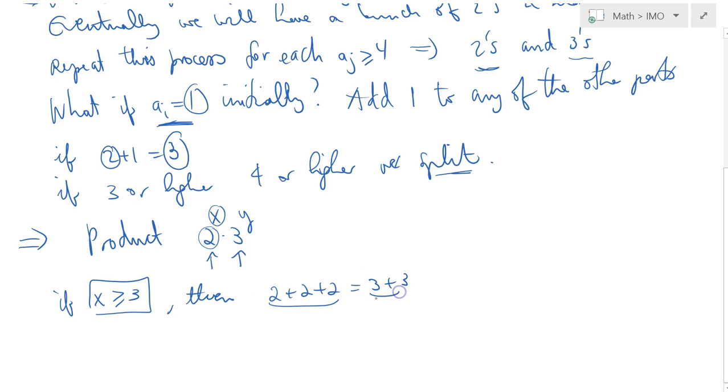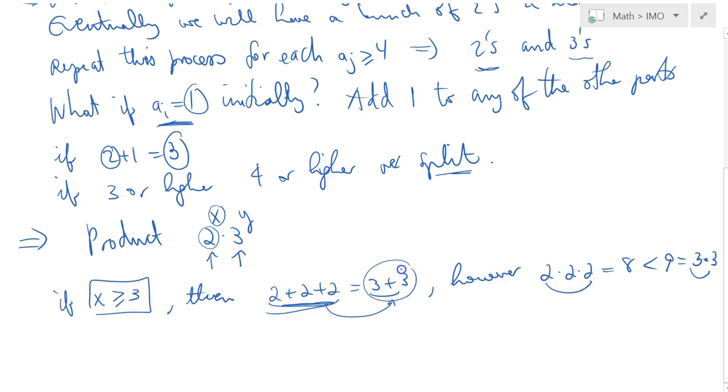In terms of their sum, they are equal. However, 2 times 2 times 2, which is equal to 8, is less than 9, which is 3 times 3. So therefore, the 3s are more efficient than the 2s. So it makes more sense to combine three 2s and split them so that you have two 3s instead.